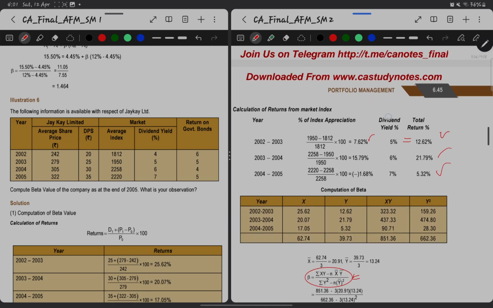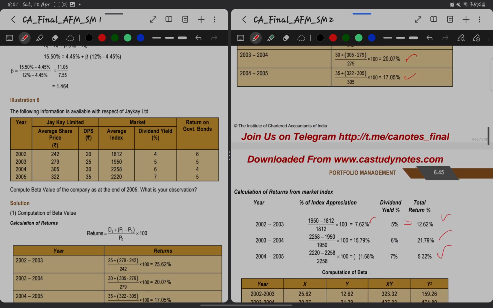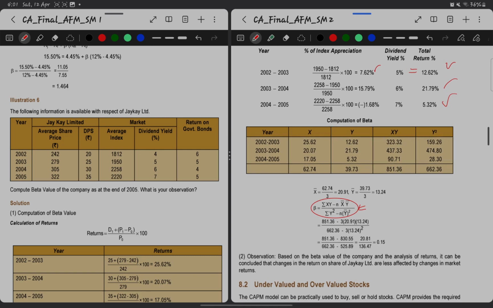Now we know the returns of JK Limited and the market index. Keeping JK Limited stock as X and the market as Y, we can find out the expected return, which is nothing but X bar, the mean return, the simple average: 62.74 divided by 3 will give us the expected one, and then Y bar is 13.24.